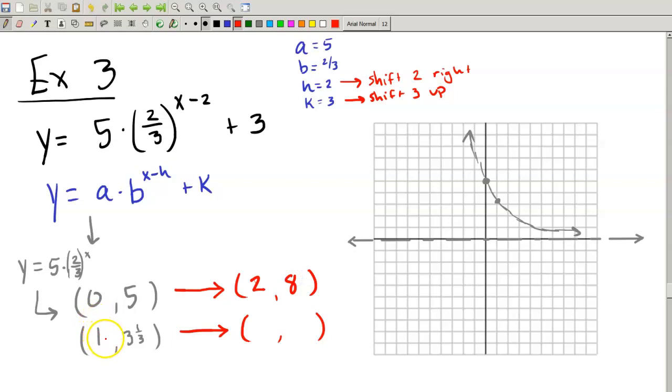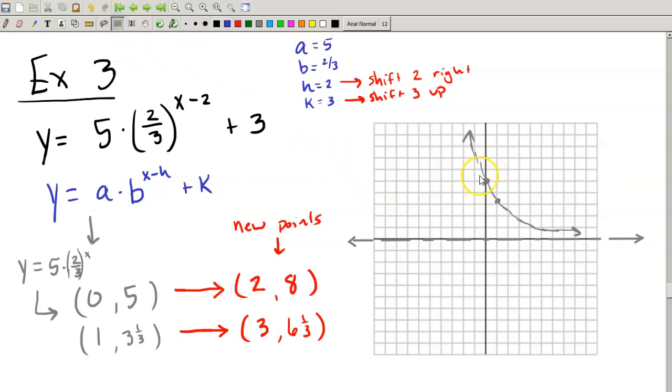If I look at my second point, the 1, I'm going to add 2 to that to make this 3, and then I'm going to add 3 to this to make this 6 1/3. So these are my new points, my shifted points, just my left, right, up, down shifts.